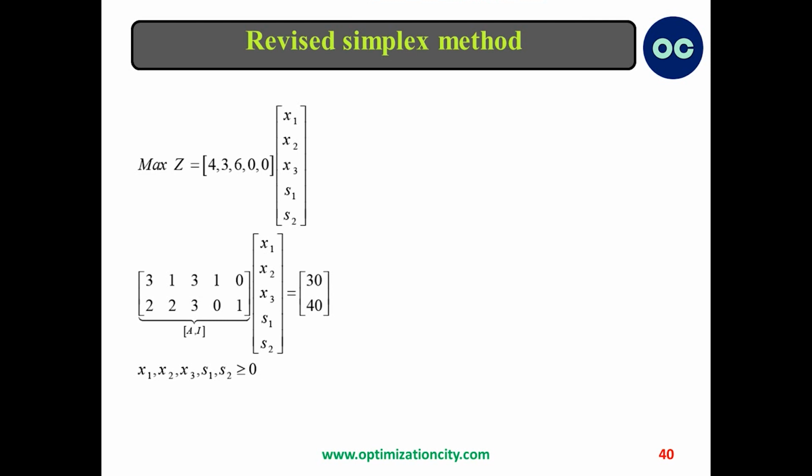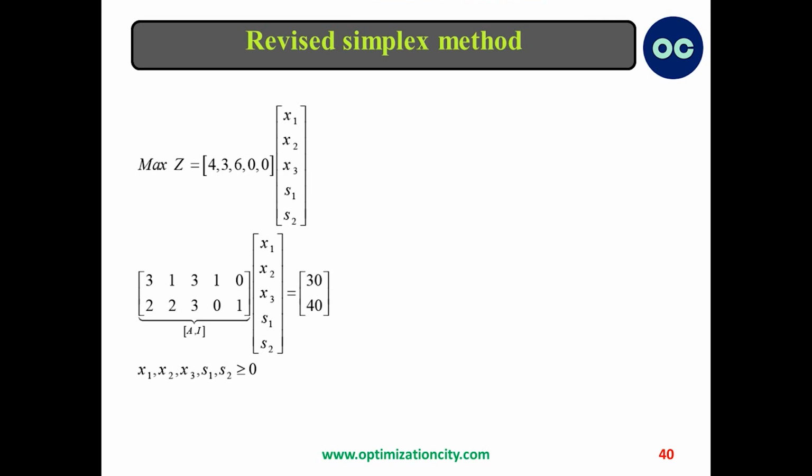A comma I has m rows, excluding the non-negative constraint, and n plus m columns, including m basic variables and n non-basic variables. In this example, m is equal to 2 and n is equal to 3.